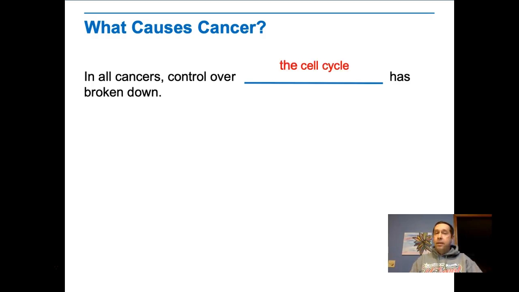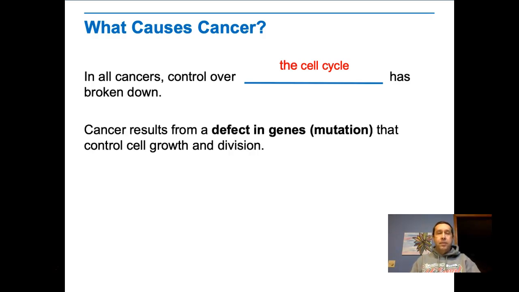So in all cancers, no matter where it happens, no matter what mutation has caused it, the cell cycle has lost its control. Now, there are certain genes that we know play important roles in cancers, and they're genes that regulate the cell cycle. Cancer results from defects or mutations in genes that control cell growth and division.